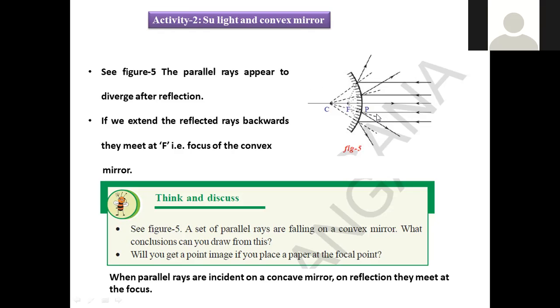And a convex lens always gives divergent light after the reflection. Light will not be focused inside, light is coming out, and this is called divergent light after the reflection. If we extend the refracted rays backward, they meet at the point F. F is nothing but the focal point, right? So the focus of the convex.